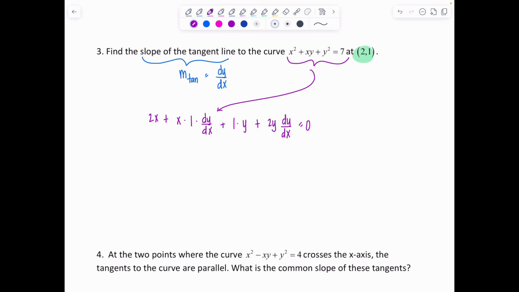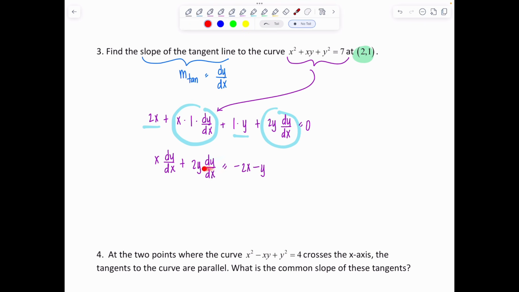So then remember, the terms with dy/dx, you want to group them together on the same side of the equation. Whoever does not have dy/dx gets exiled to the other side. So we've got x dy/dx plus 2y dy/dx equals negative 2x minus y. And the whole reason you want all the terms with dy/dx together is so that you can factor it out.